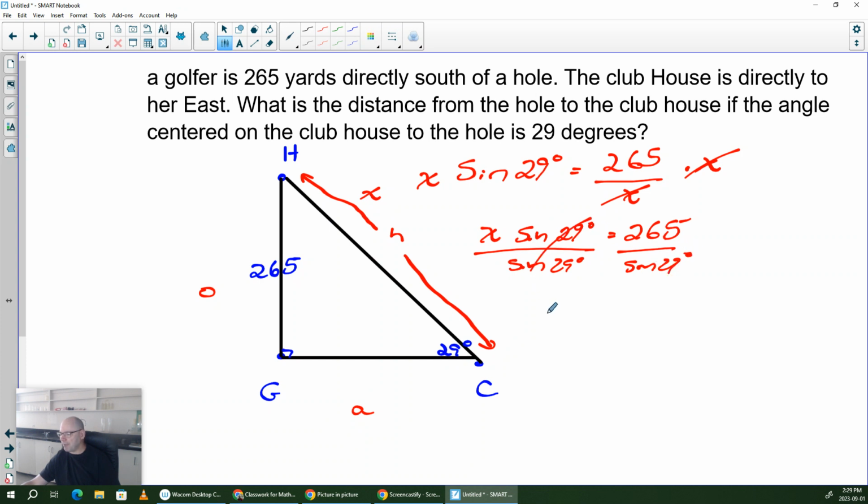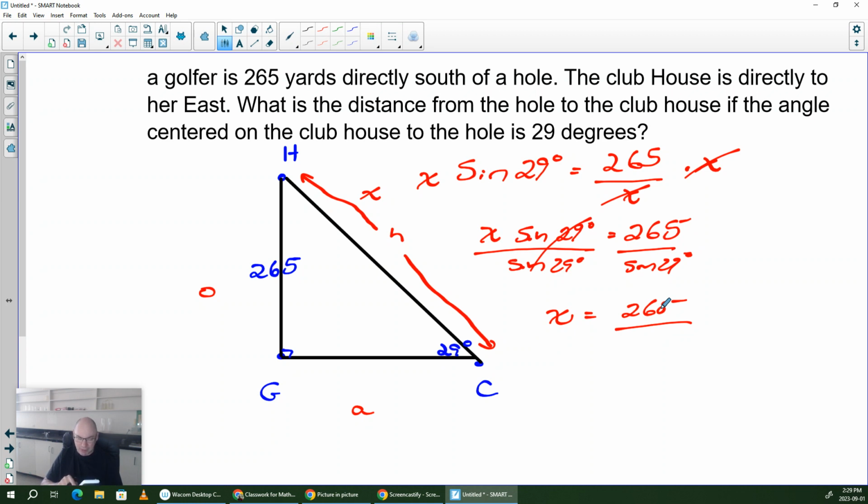Okay, and we're going to end up with x is equal to 265 divided by whatever this sine 29 turns out to be. Sorry, I got a little messed up with the word problem here. We almost were trying to do a tan one there, but we want to do a sine or cosine one today.